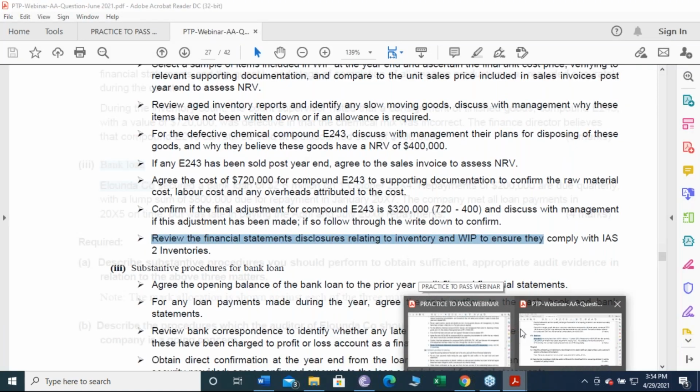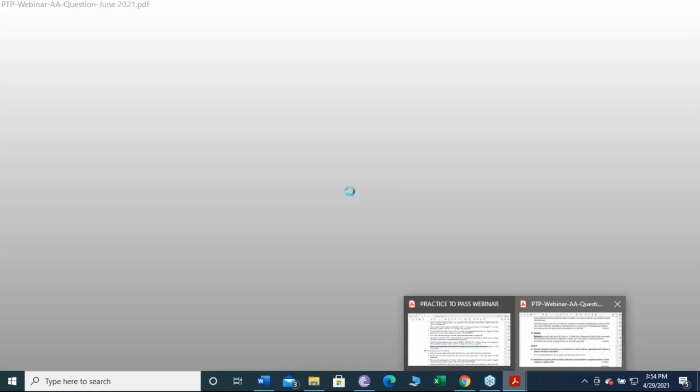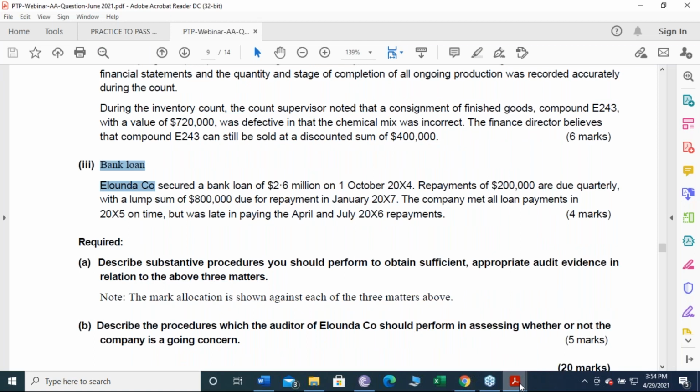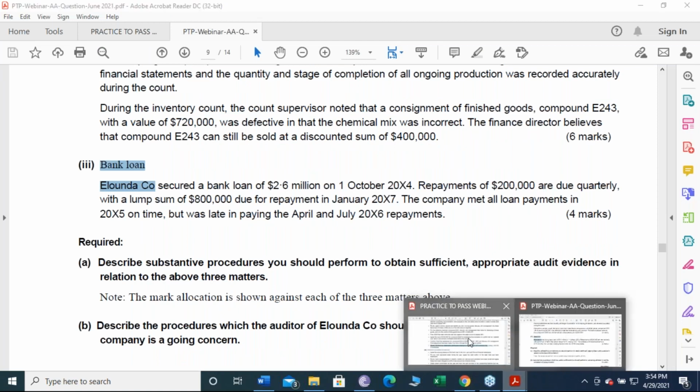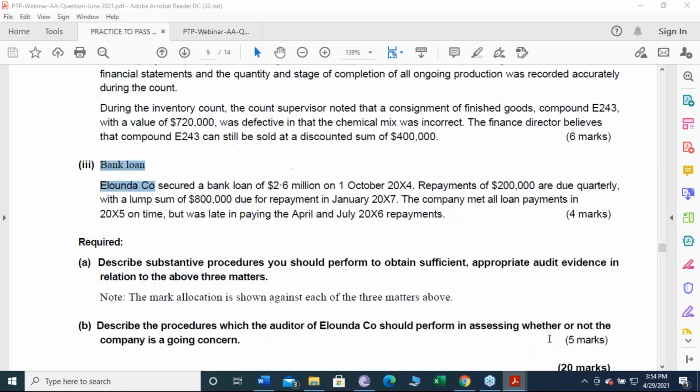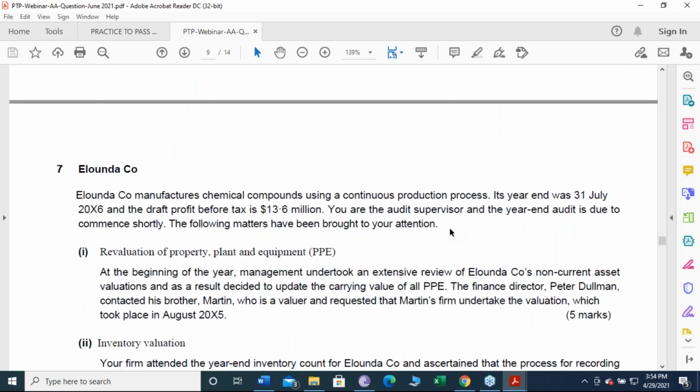Okay, let's read the question now. E company secured a bank loan of 2.6 million on 1st October 2014. What's the year end?